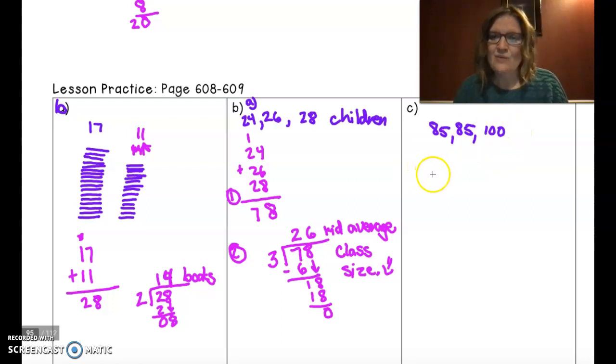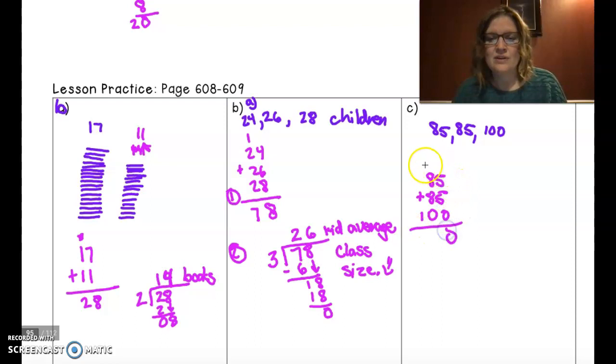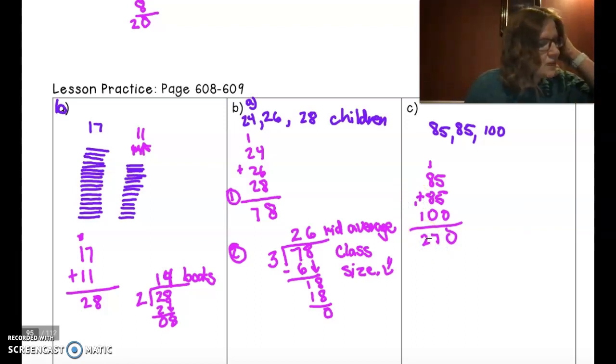So let's find out what his average is now that he's bumped it up to 100. So we say 85 plus 85 plus 100. Let's add these all up. 0, carry, 16, 17, carry, and we have 270.